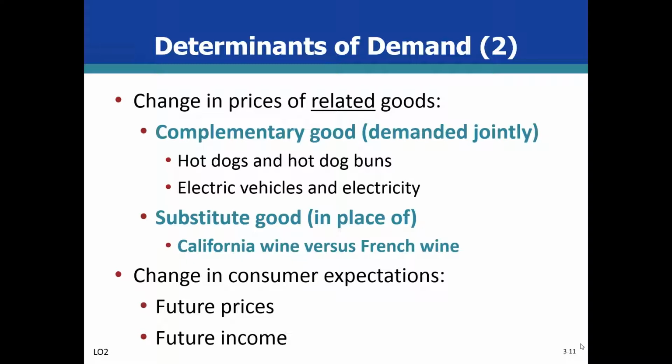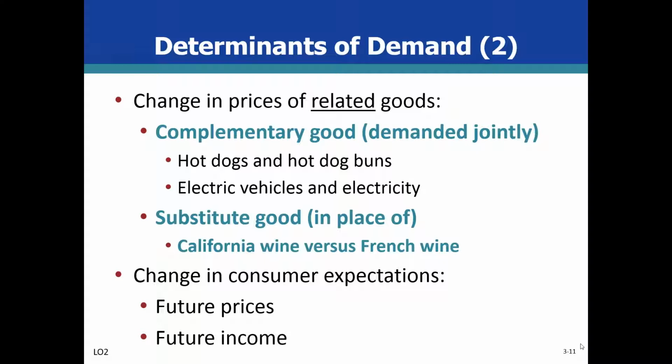Think the stock market. They may elect to go out and buy those products and shift the demand curve to the right in order to get those goods or services at a lower price today. Thus, consumer expectations play a fairly strong role in shifting the demand curves either left or right.